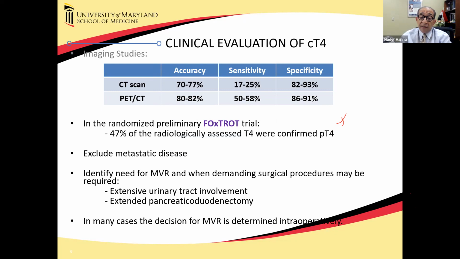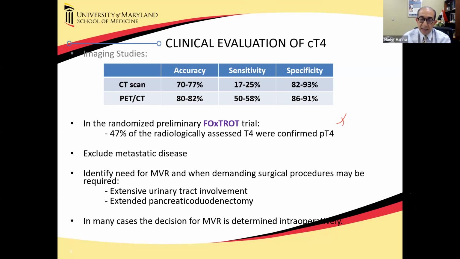In fact, in the randomized preliminary FOxTROT trial, I'm going to tell you about this trial pretty soon, they found that only 47% of the radiologically assessed T4 were confirmed histologically to be T4. What that means is, when you have a CT scan with IV contrast and the radiologist calls the tumor a T4, only about 47% of patients are confirmed histologically to be T4.